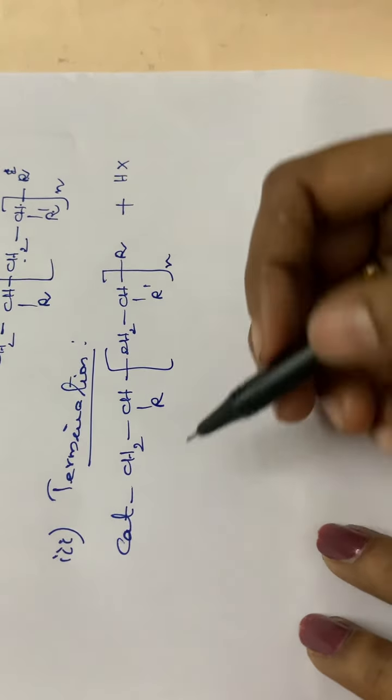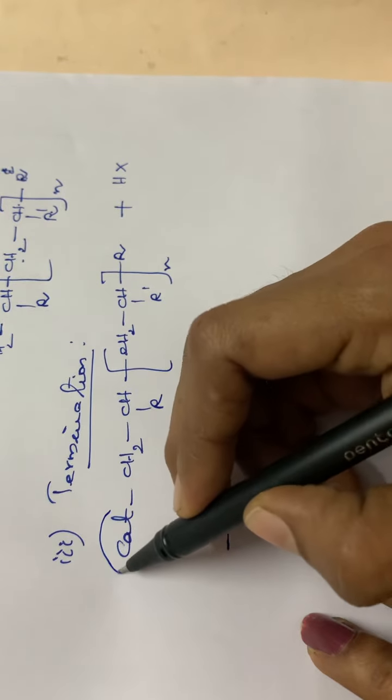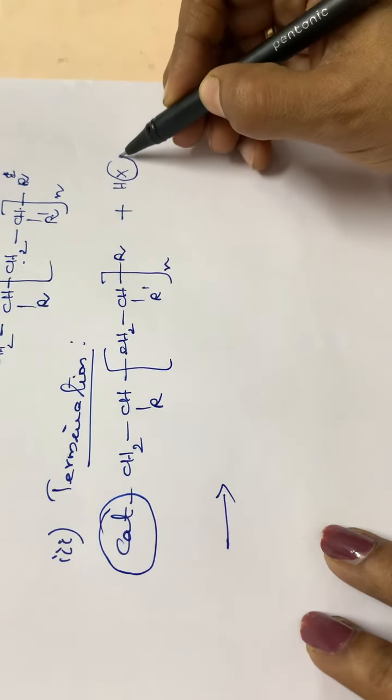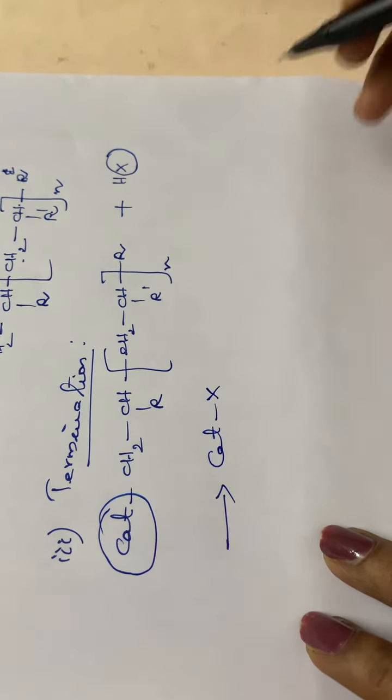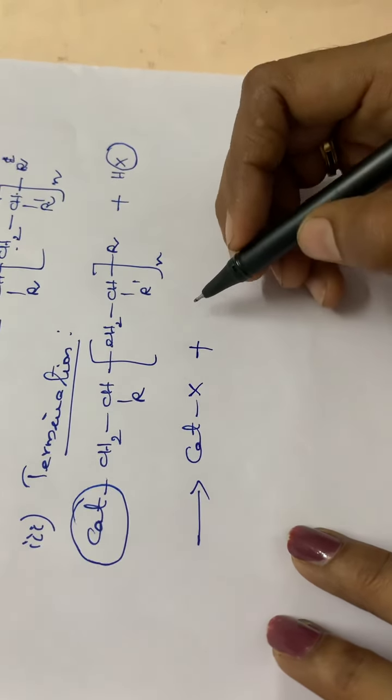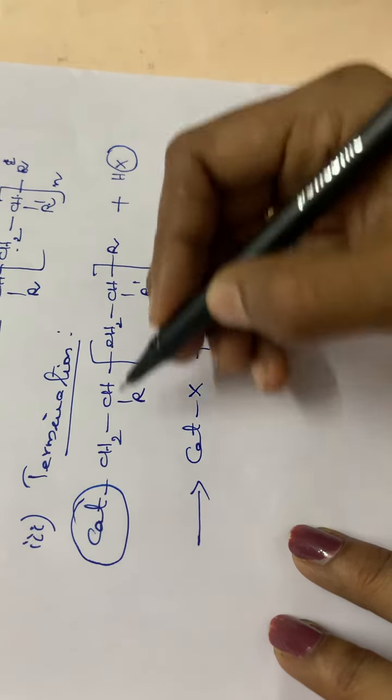Here this catalyst will be combining with this X, so it becomes catalyst X plus CH3, because this hydrogen will be joining here.